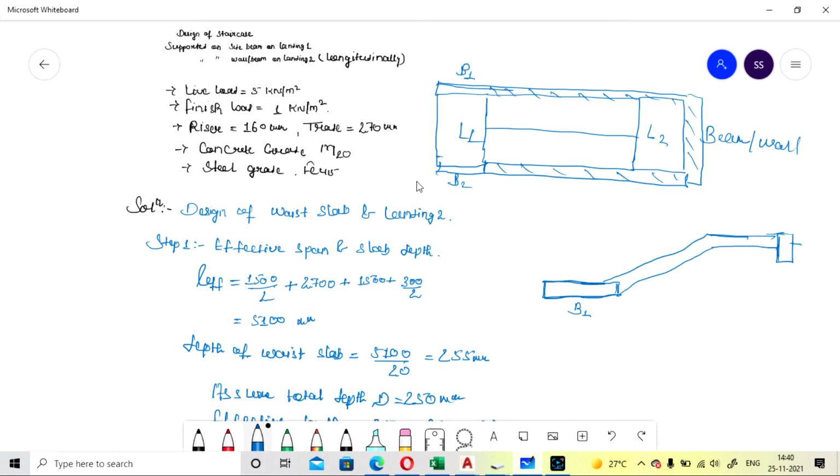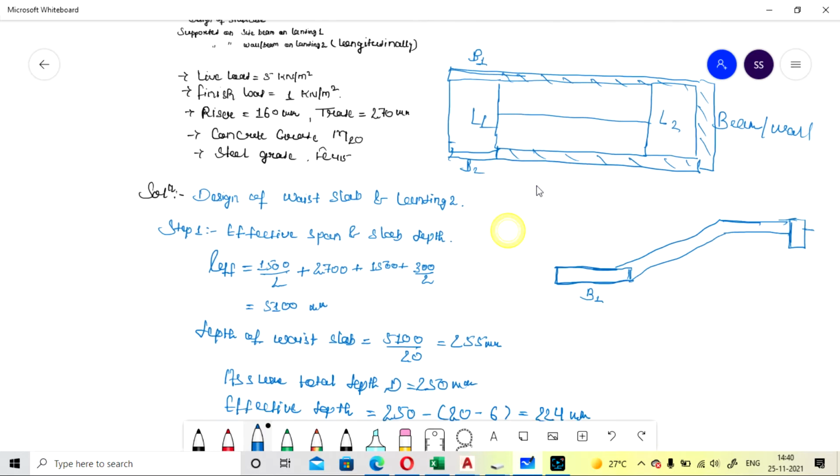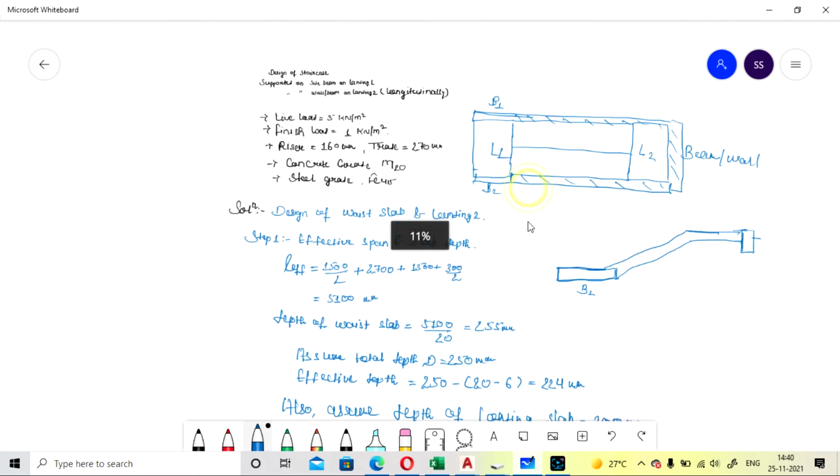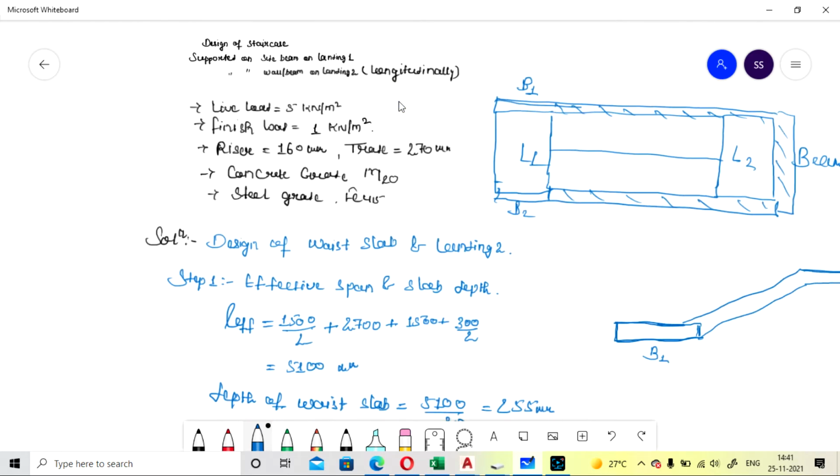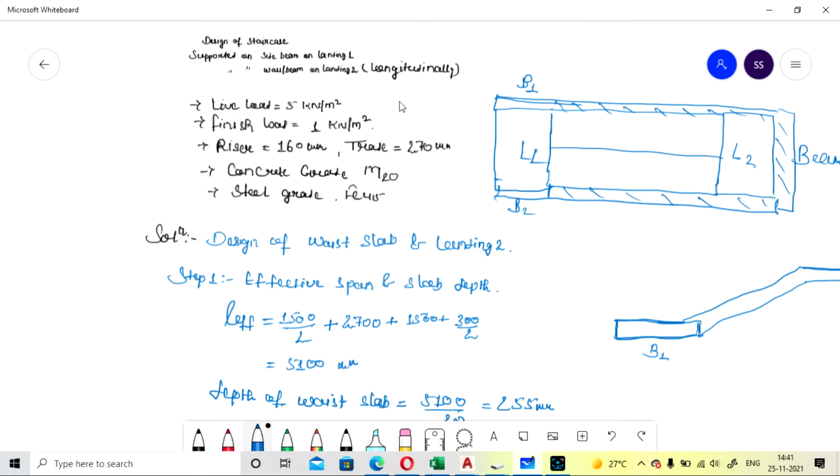So we are going to design this staircase in this lecture. We are going to assume some other conditions here: live load as 5 kN per meter square, finished load is 1 kN per meter square, and riser and tread we consider as 160 mm and 270 mm.